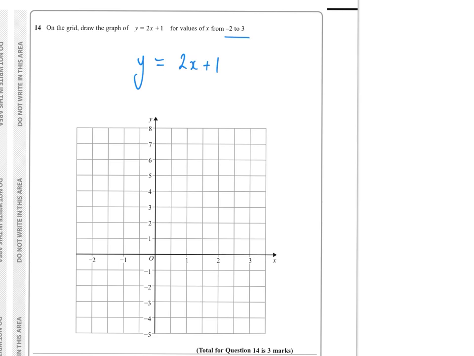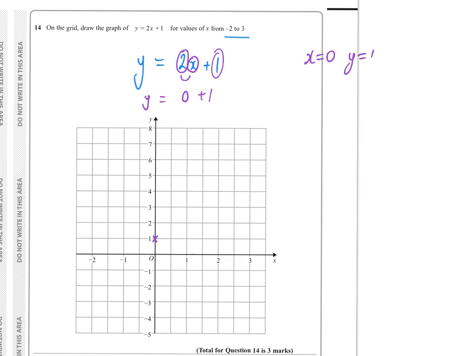Now, we should know that this is the gradient and this is the intercept. What the intercept means is that when x is 0, I would have 2 lots of 0, which is 0, plus 1, and that would be our y value. So when x is 0, y is 1, and that's that coordinate there.